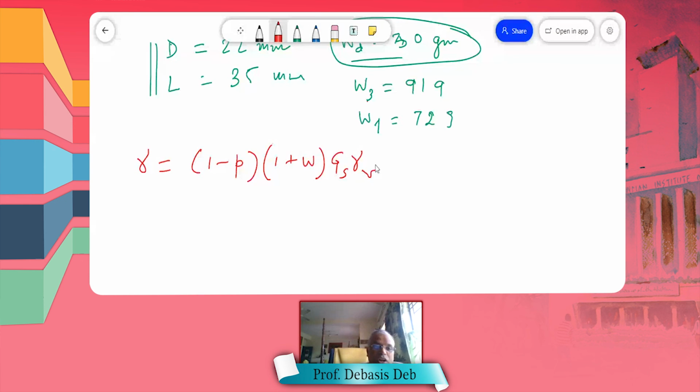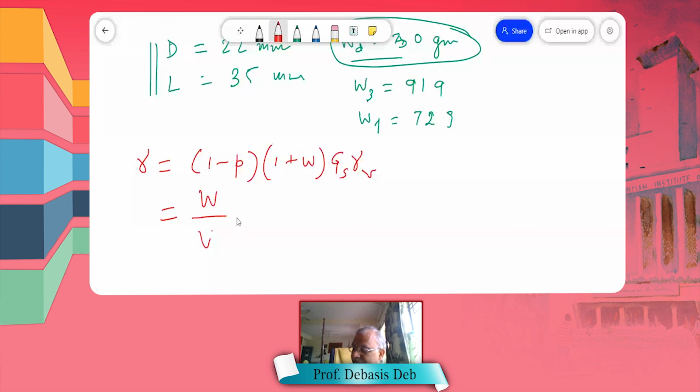Now, you will always start from the very basic principle, or the basic definition, which is gamma is nothing but W by V.